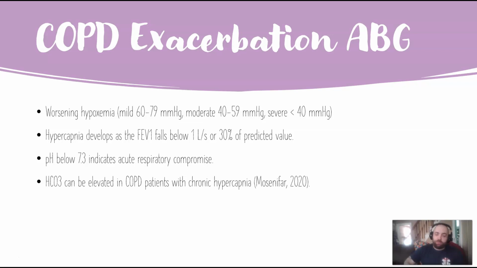So in some patients that are chronic COPDers, you're going to see an elevated bicarb level because they live with chronic hypercapnia. So this is going to compensate for that chronic hypercapnia. In some of these patients, you might do an ABG and it could be 7.25 with a CO2 of 80 and their bicarb's like 33.